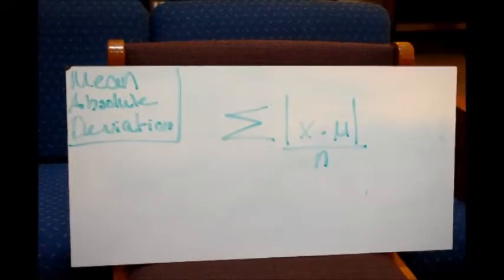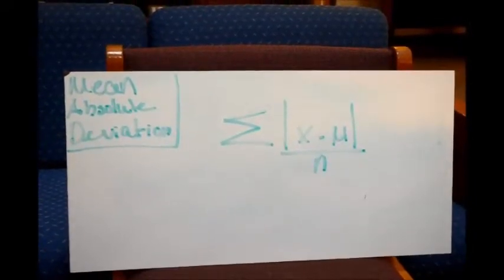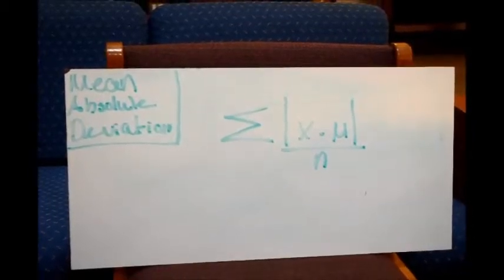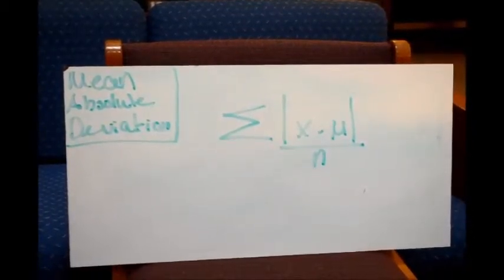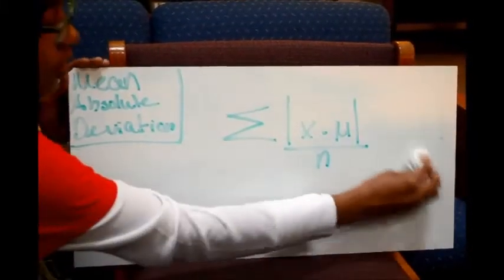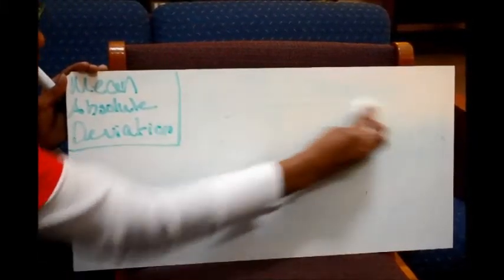Let's use the same data set to take a look at mean absolute deviation. Mean absolute deviation is the average distance of all the elements in the data set from the mean. Mean absolute deviation is calculated using this formula. The first step is to subtract the mean from each of the data samples and take the absolute value of the differences.